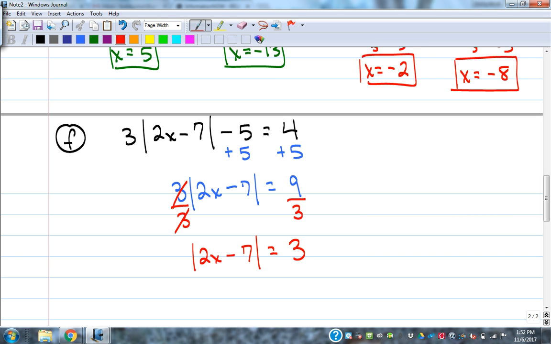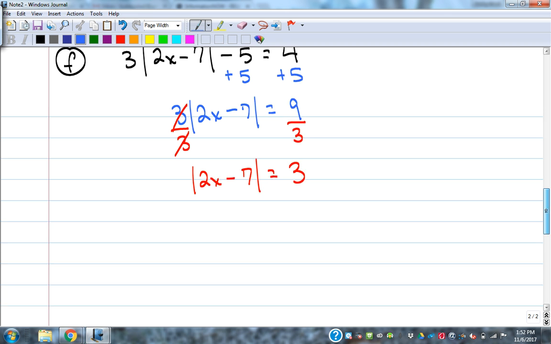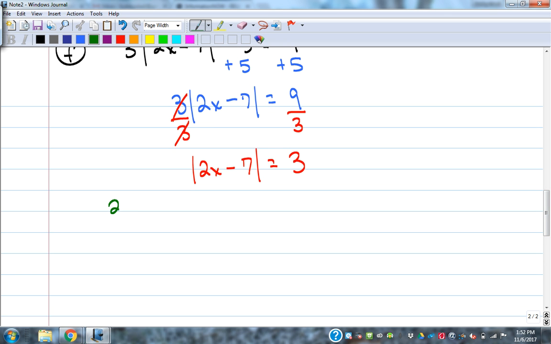And then we can set up our two equations. What are our two equations? Yeah. And solve those. So add 7, 2x equals 10.